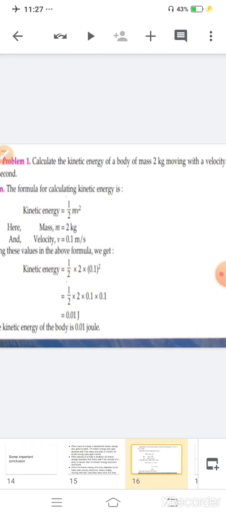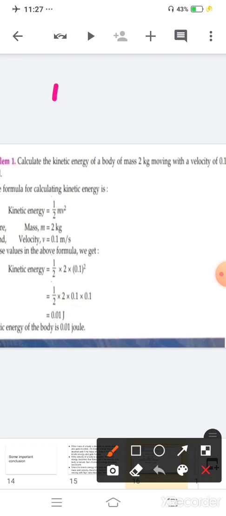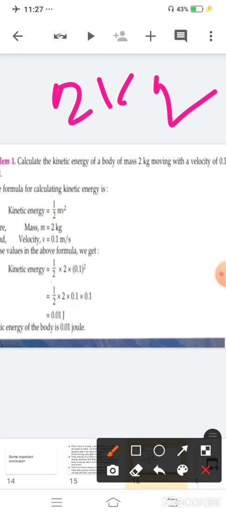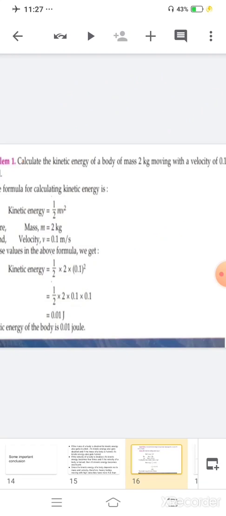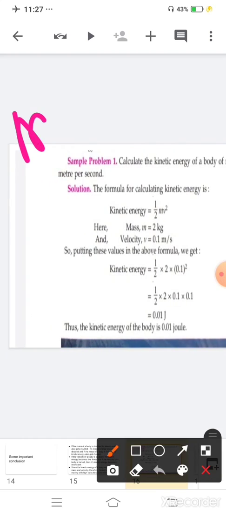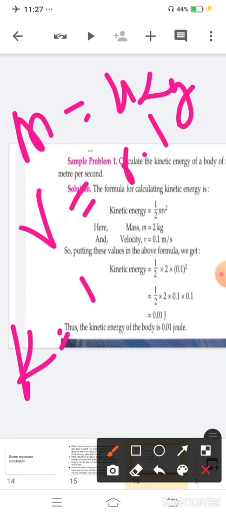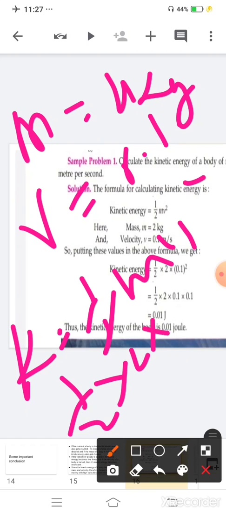You have to calculate the kinetic energy of a body of mass 2 kg and velocity 0.1. So kinetic energy is half mv square: half into 2 into 0.1 into 0.1.